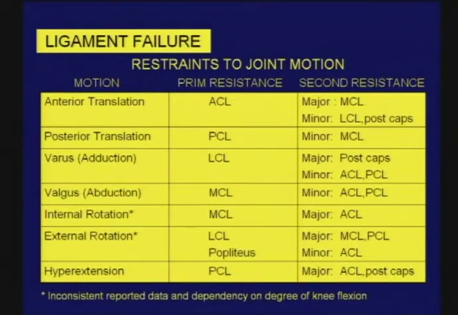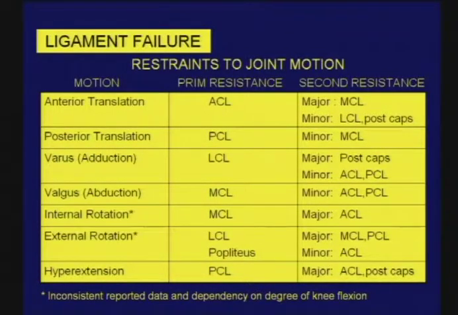Now, this is a critical slide of this talk, so I'll take a moment to go through it. Some of the data on this slide are changing, and some of the reported data in the literature are inconsistent. But there are three columns present in this table.